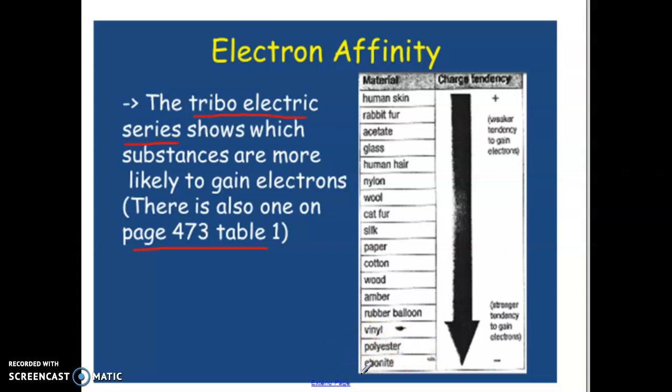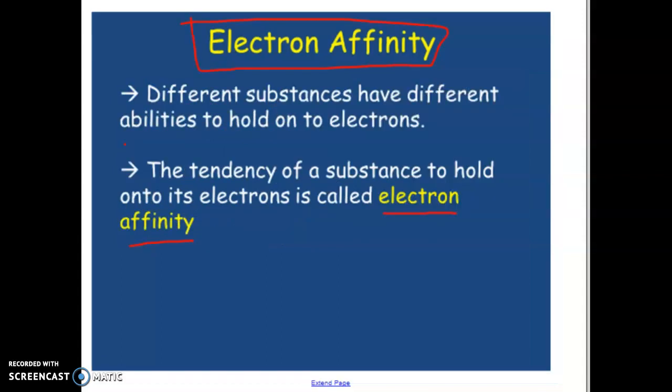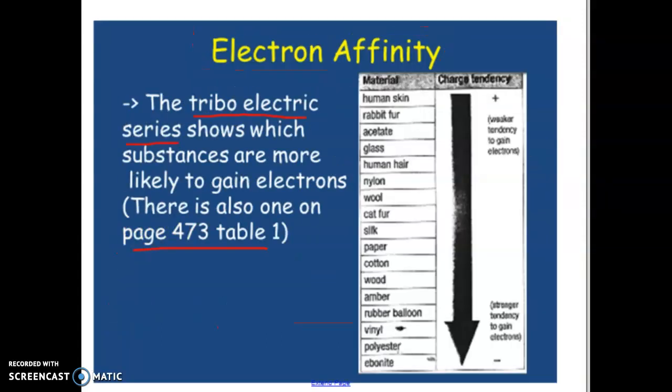The items that are lowest on this chart are the ones that will be holding on to their electrons the strongest. So when you're doing friction, you look at the position of the items that you're doing friction with, and that will tell you who is gaining and who is losing. Let's look at the amber and cotton, for example. Amber is down here, and cotton is higher than amber.